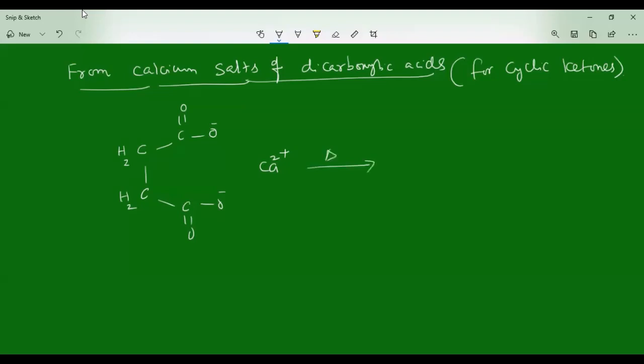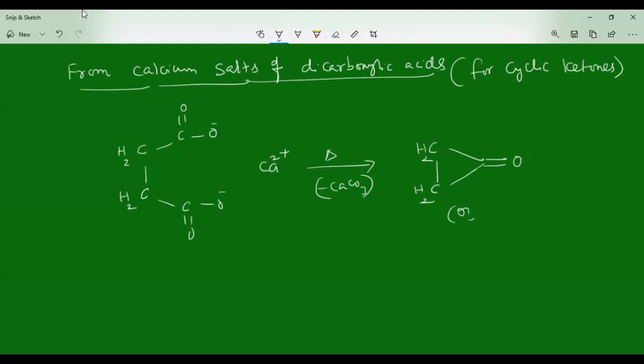Upon heating, after removing calcium carbonate from this reactant, we will be getting a cyclic compound in which we have a double bond with oxygen as a ketone.